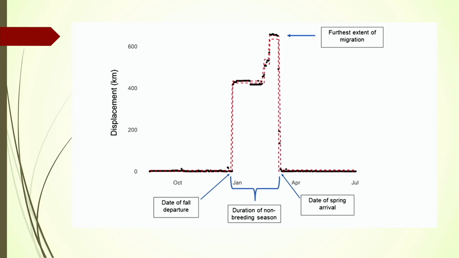And so to quantify how far it moved, we looked at the difference between its breeding site to this farthest travel location. And then the jumps in these distances we used to determine migration phenology. So the timing when they left their summer areas and then returned in the fall.